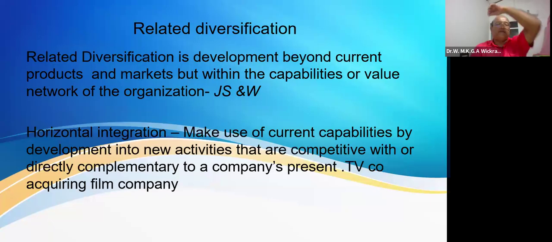Right. Related diversification is development beyond current products and markets. So I have explained horizontal integration. Actually, as you said, if you take the retail industry, now they are moving backward and forward. So all the people in the chain are getting into trouble because they are extracting all the value chain.